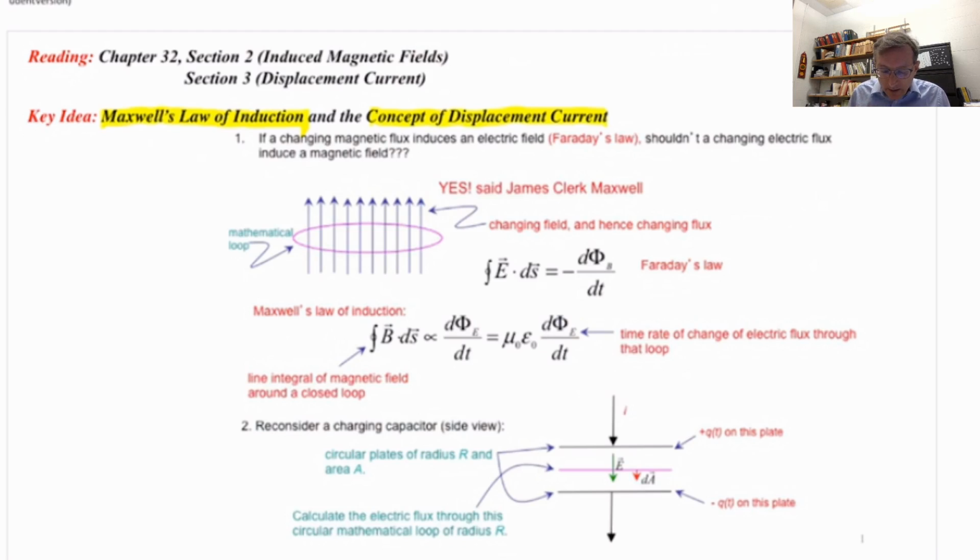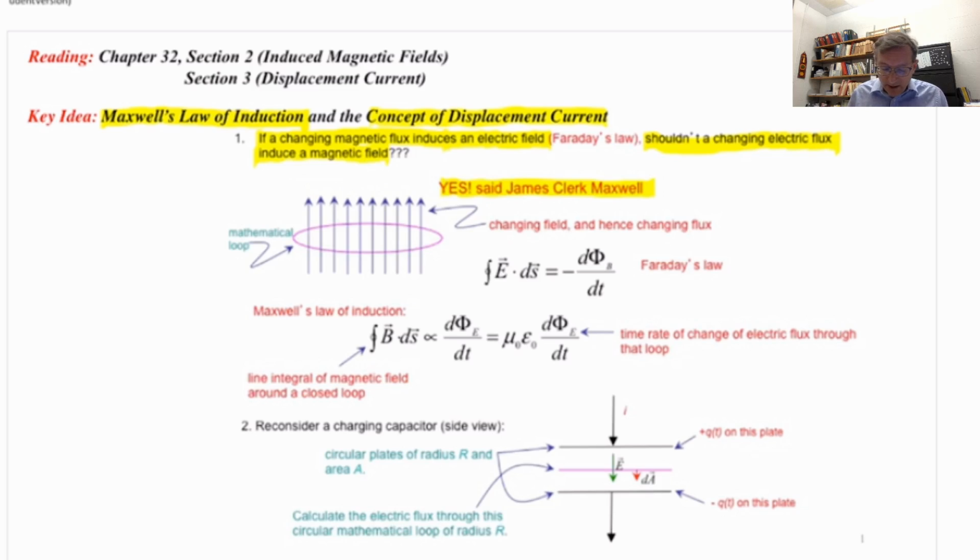Faraday taught us that if we have a changing magnetic flux through a loop, that will induce an electric field around the loop. Faraday's law, empirical fact. Then the question is, shouldn't a changing electric flux through a loop induce a magnetic field around the loop? James Clerk Maxwell felt like it had to be the case.